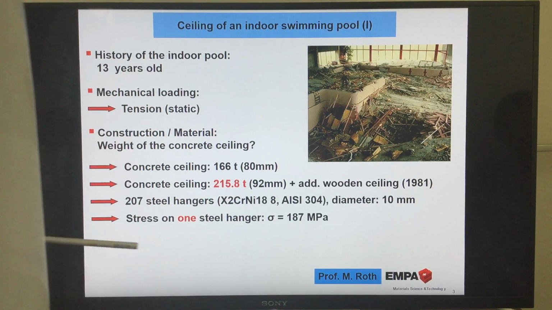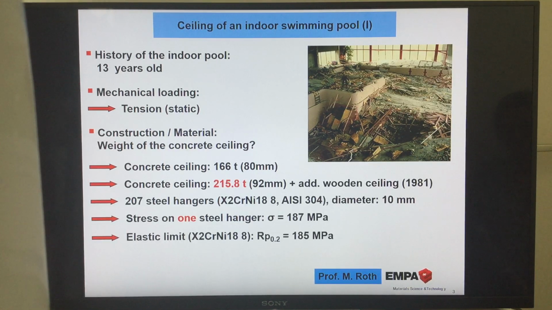You know the stress strain, you have the stress, you have the strain, and then you have the elastic curve, and then the plastic part. Now imagine, what is the elastic limit which is important for this kind of design, for this material? I can tell you, the elastic limit is 185 megapascal.